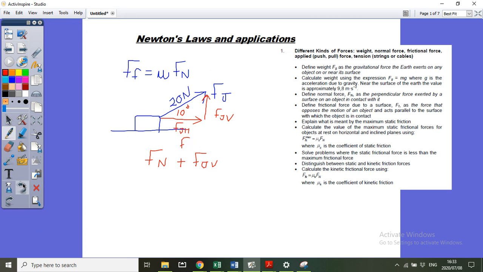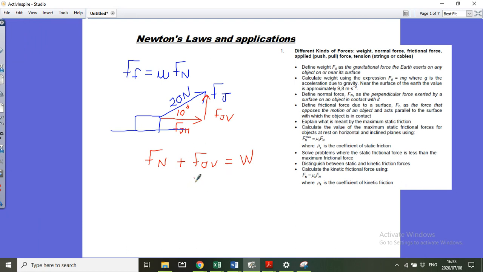So two forces acting up, and that must now be equal to your weight. But now we only want the normal force. So F normal is then going to be the weight minus Fj vertical. So only that vertical component. So it's going to be the weight minus 20. And if you look at it, I'm not going to explain the maths to you. It's the opposite. So it's 20 sine of 10 degrees.